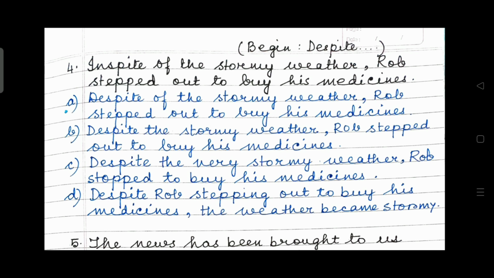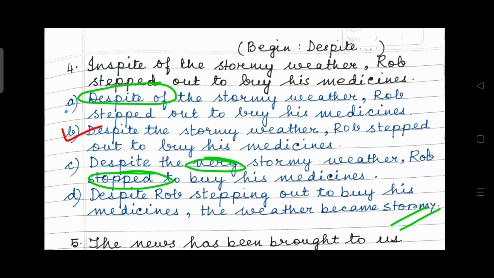The next option, despite the very stormy weather, Rob stopped to buy his medicines. Well, in the question it was mentioned stepped out, but in option C you have stopped. One error, and the next error in option C is you do not need to mention very stormy weather because it is not mentioned in the question.